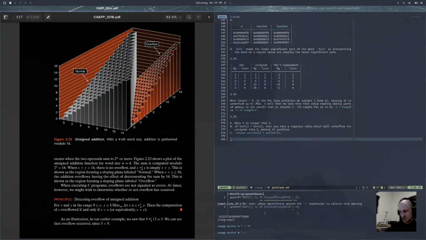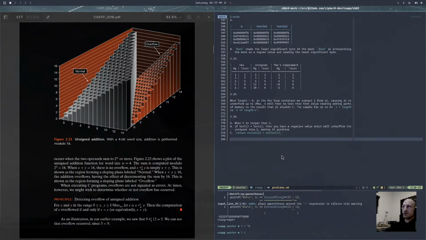Okay, I trust you. Write a function with the following prototype. This would be 2.27. Write a function with the following prototype, int uadd_ok, which takes unsigned x and unsigned y.